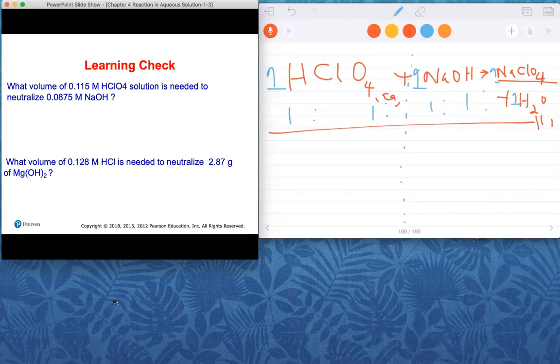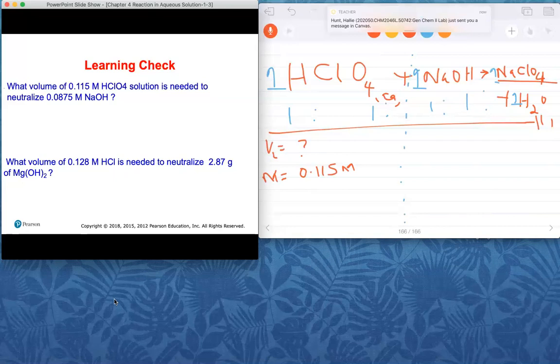What we know as far as the acid is volume, and you have to use volume in liters. What volume? That is what we are looking for. Molarity for this is 0.115 molar. For the base, we have 0.0875 molar.